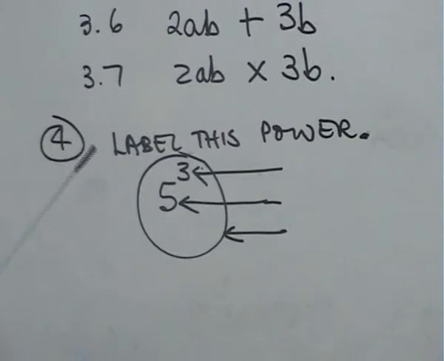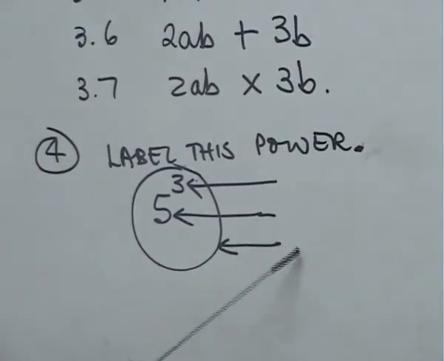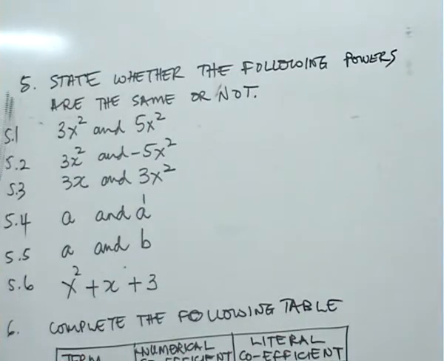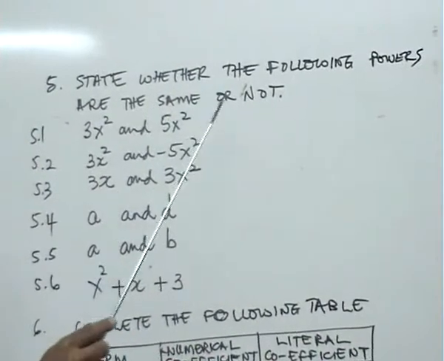In number 4, you got to label this power. Put in the label there, and there, and there. Right, number 5, state whether the following powers are the same or not.